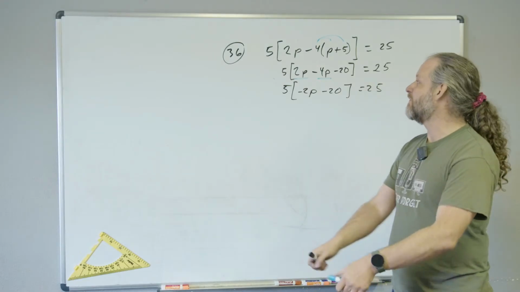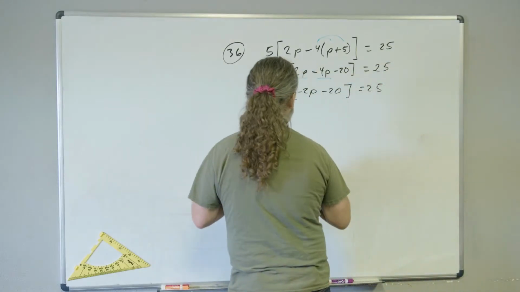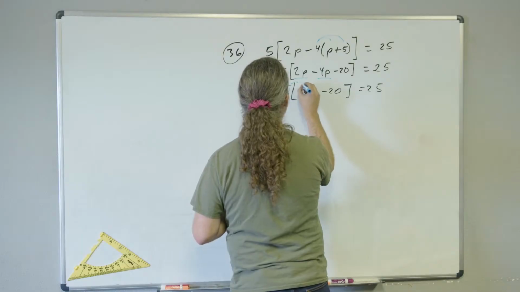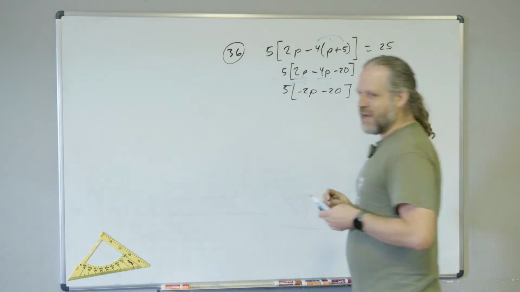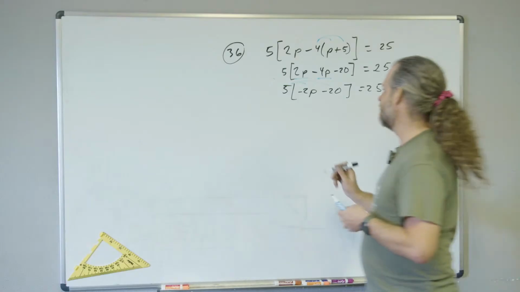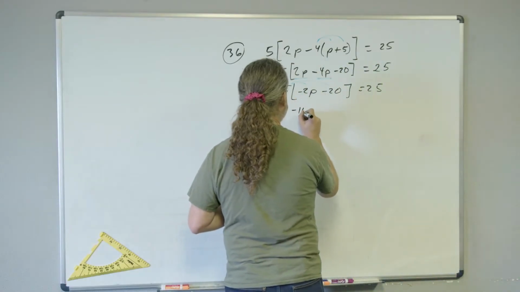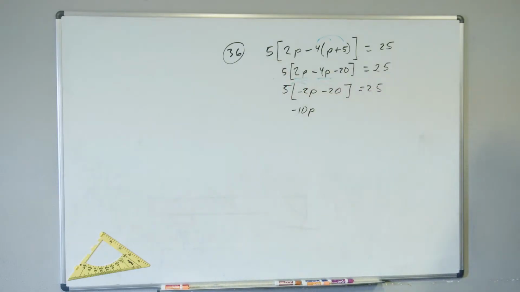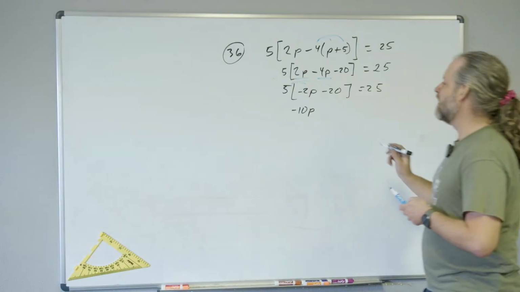Anyway, what should we do now? Yeah, we can distribute the 5. Sure. I still would have divided it off, but that's fine. What's 5 times negative 2p? Negative 10p. That's true. What's 5 times negative 20? Negative 100.